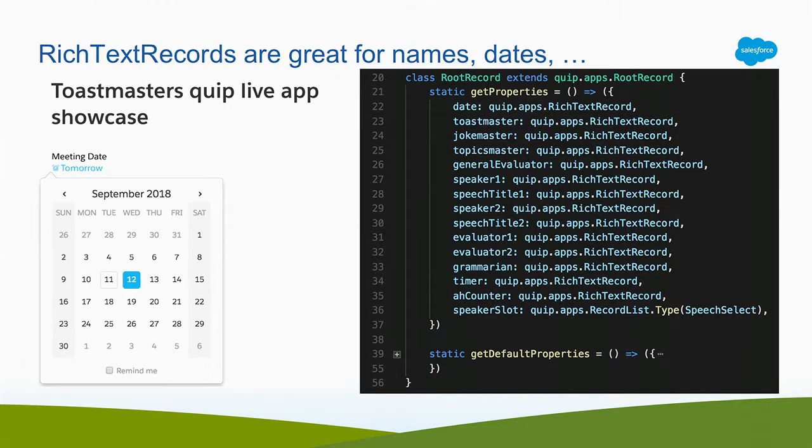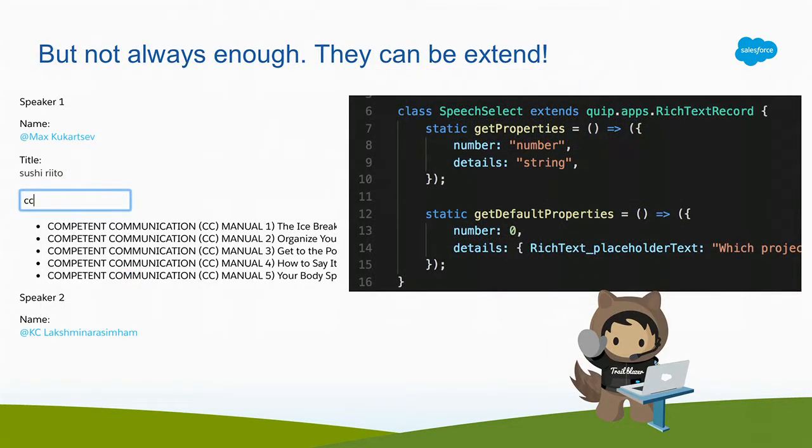Cool. So if you're reading the slide, you may notice that the last one in get properties is speaker slot, and it's a record list type, speech select. That is the only one that is not a rich text record. The reason we had to make a custom record is, if you notice the pick list, it's not just a string.